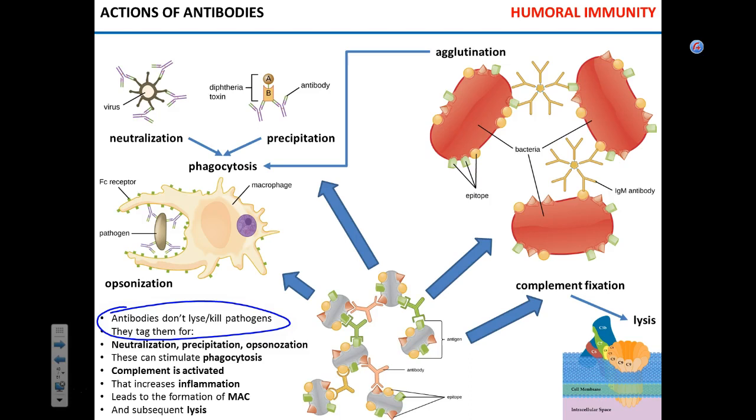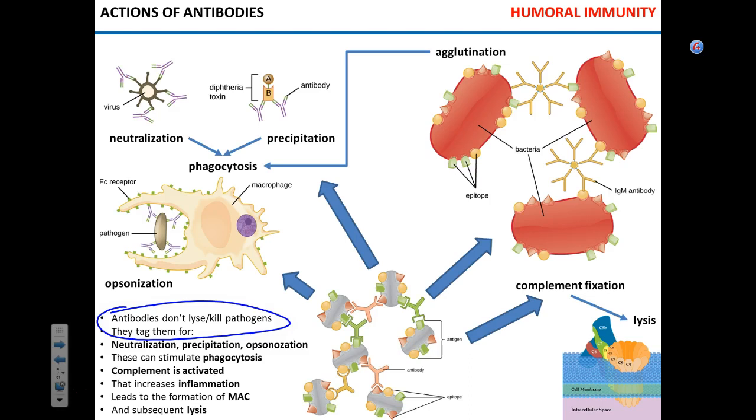Remember, 40 minutes ago we were talking about complement. And we mentioned that complement doesn't kill. That opsonization thing, when complement proteins bind to a pathogen, they don't kill it. They just tag it. So antibodies tag the pathogen as well, but they're more specific. We're clear so far.